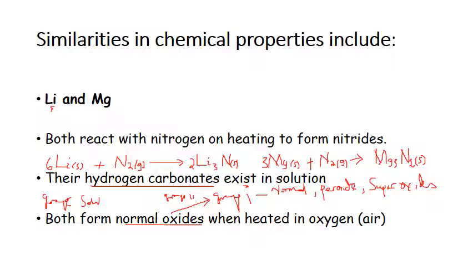That is for group 1. What is surprising is that this lithium you're seeing here, it only forms the normal oxides. Because we know that lithium forms lithium oxide. But when it is potassium, it can form potassium oxide, it can form potassium peroxide, it can form potassium superoxide, and many others as you move down the group.